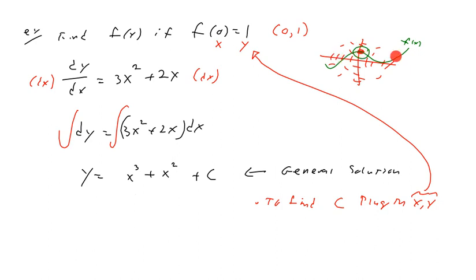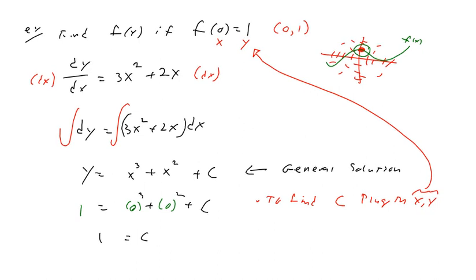So we plug in our x and y. Our y is 1, so 1 equals 0 cubed plus 0 squared plus c. In this case, c is equal to 1. That was easy. So my equation is y equals x cubed plus x squared plus 1.